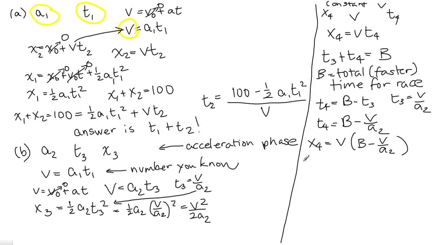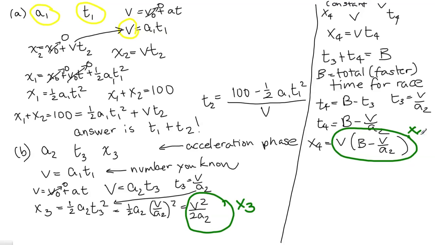So now we have x3, which is over here, and here's x4. We know that x3 plus x4 is equal to 100. So that means v squared over 2a2 plus v times b minus v over a2 has to be equal to 100.